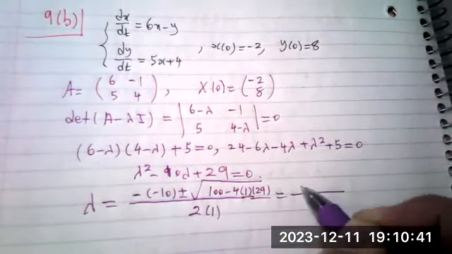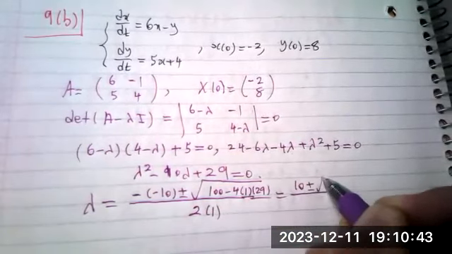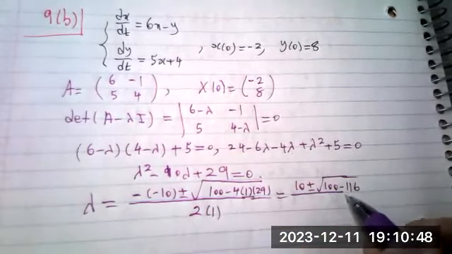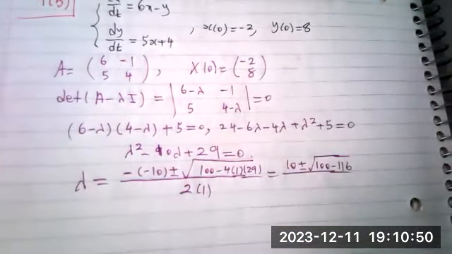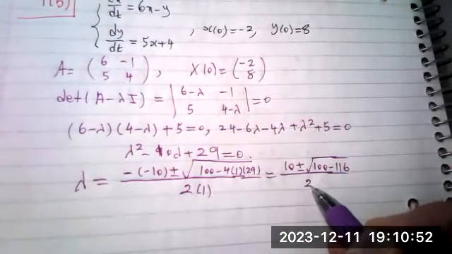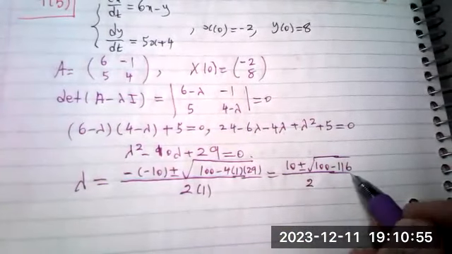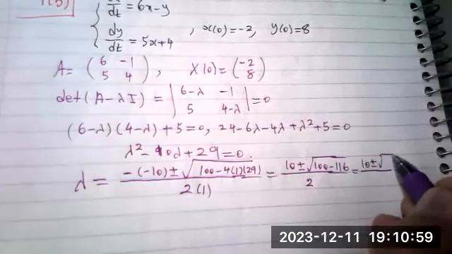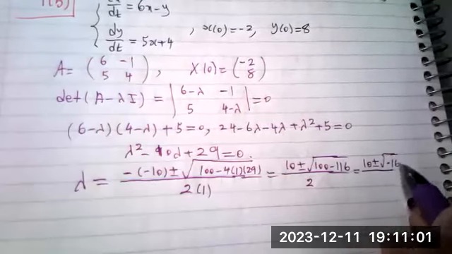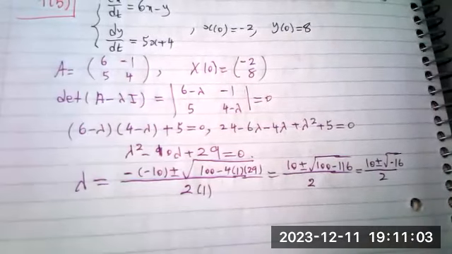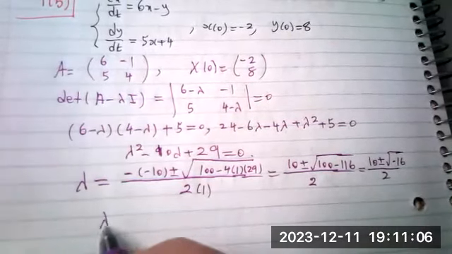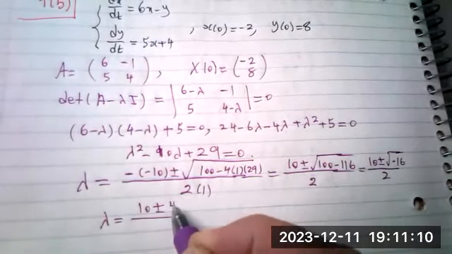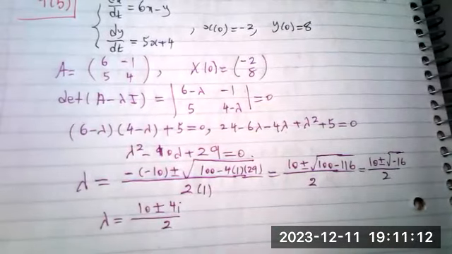So the top gives you 10, positive, and 100 minus 116, that's 4 times 29, divided by 2. So that gives you 10 plus or minus, inside of the radical, -16. We change it to 4i. So lambda is equal to 10 plus or minus 4i divided by 2.